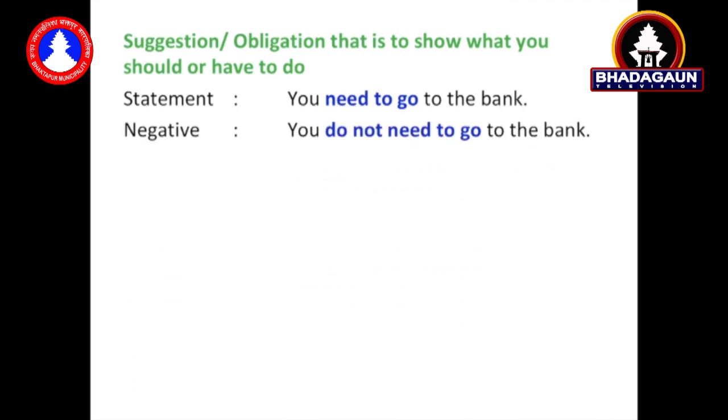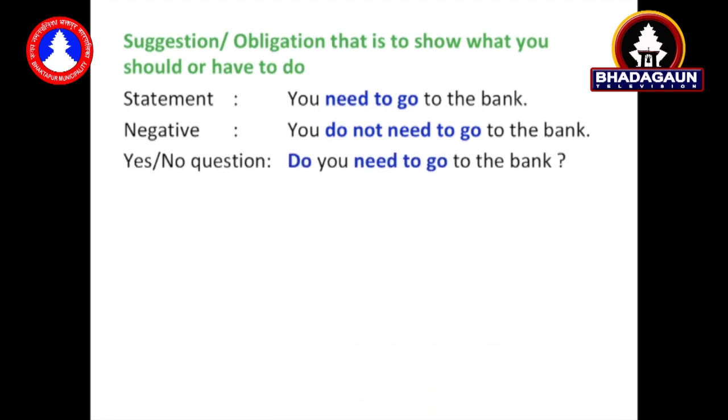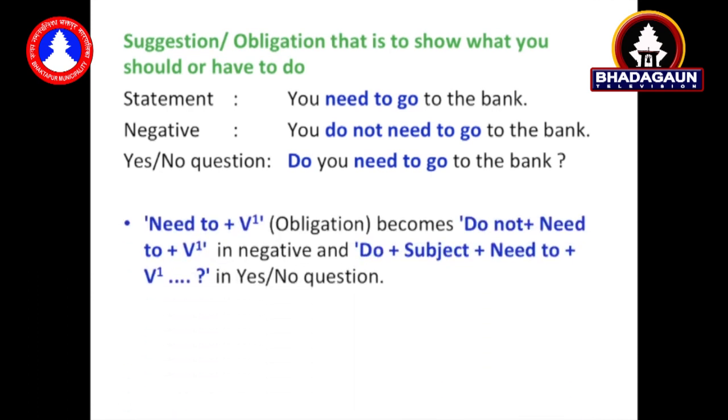Its negative is, you do not need to go to the bank. Again, we use the do verb to make this negative. And its question is, do you need to go to the bank? Now its structure is need to plus V1, obligation, becomes do not plus need to plus V1 in negative, and in question, do plus subject plus need to plus V1 in yes no question.